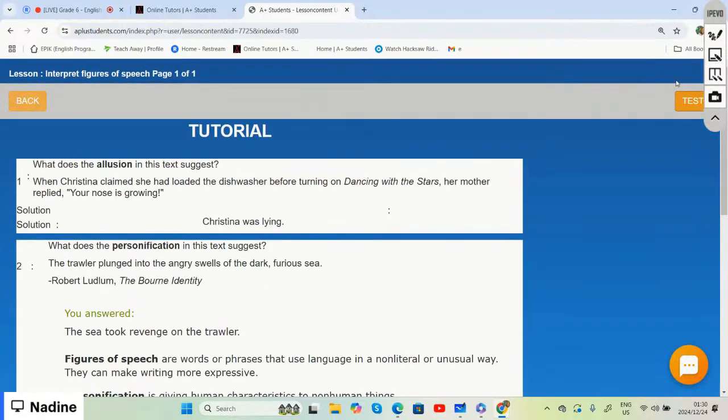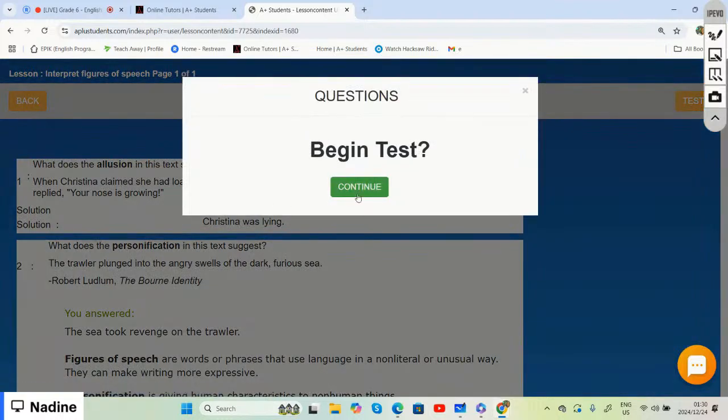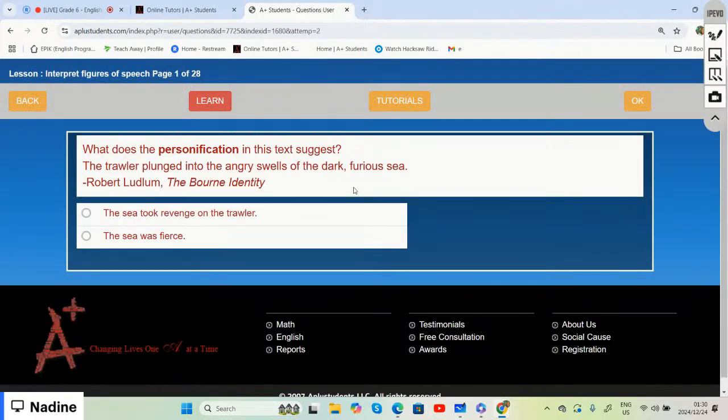So now we're going to our test, where we are going to interpret figures of speech. It says, what does the personification in this text suggest? And remember, personification is a literary device that gives human characteristics to something that isn't human.